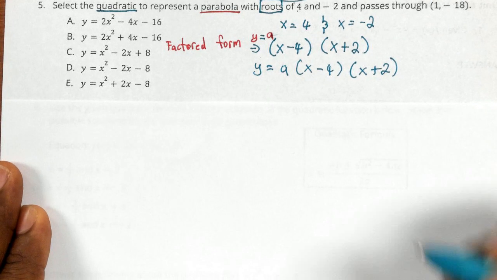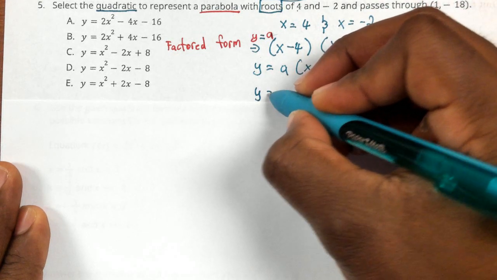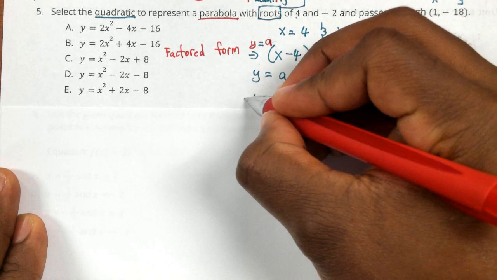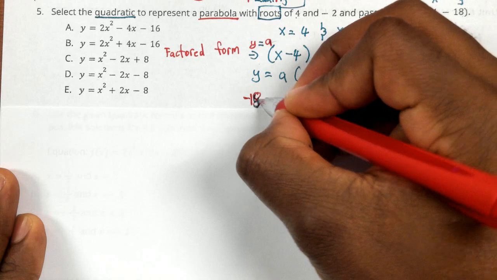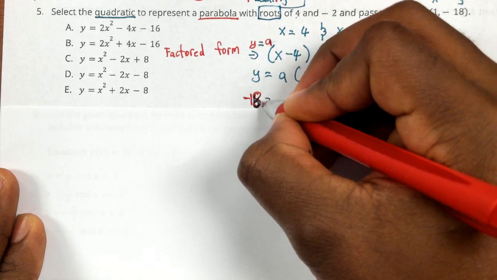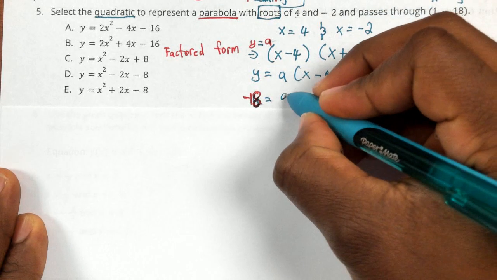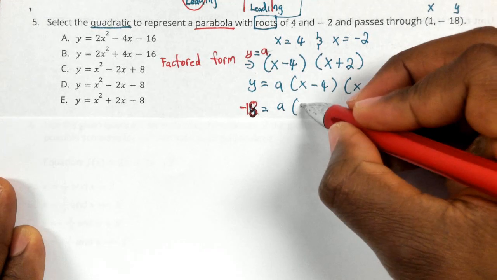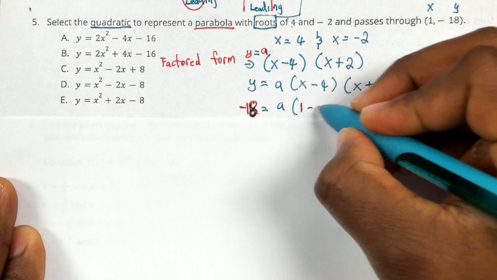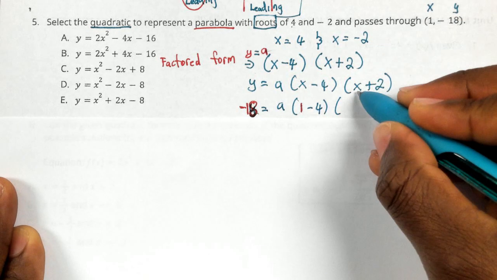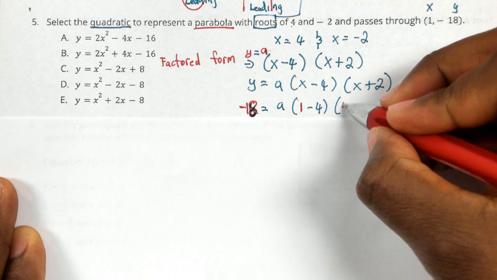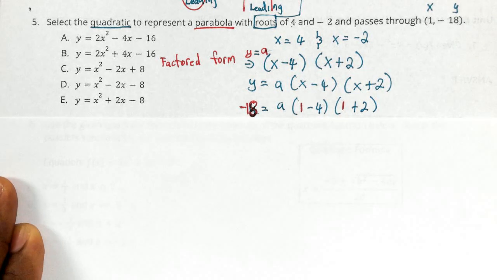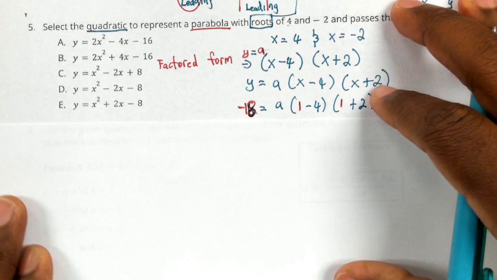So -18 is equal to a, parentheses, 1 minus 4, and then 1 plus 2.